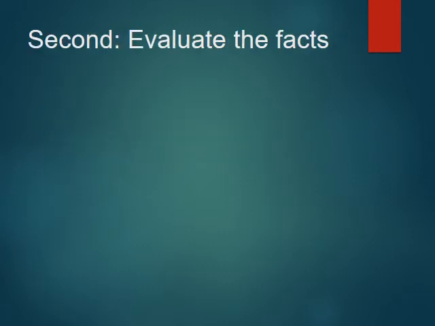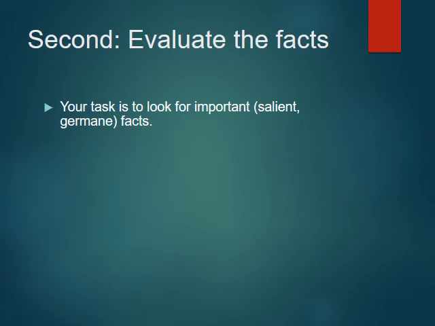And then when you see it in a fact pattern, boom, you'll pick it up right away the more you think about these. Okay, after you have in mind for whom you're writing, next step is, of course, to evaluate the facts. If there's a call of a question, you probably want to read that first so you have an eye towards what facts are going to be important. But through those two prisms, the call of the question and the audience for whom you're writing, you should be able to pretty effectively evaluate the facts. Your task here is really to look for important facts.